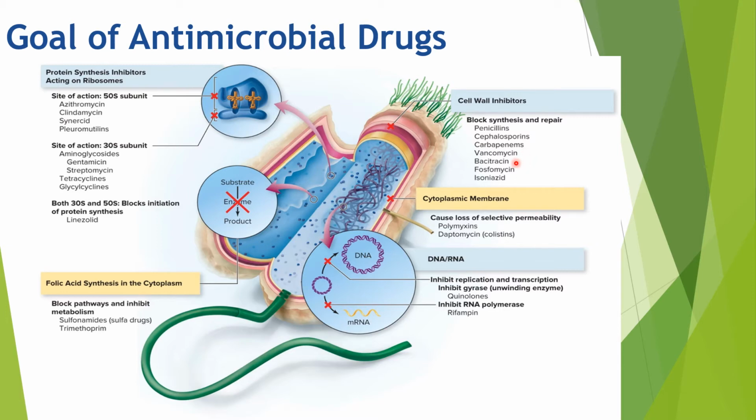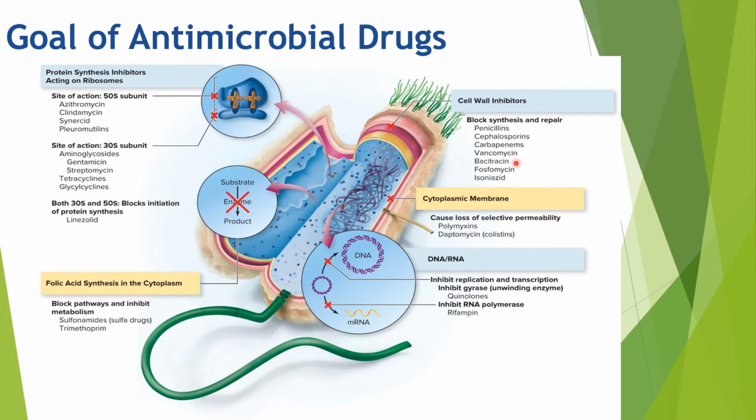Bacitracin is another one. Bacitracin is also a narrow spectrum antibiotic. Bacitracin is usually used to fight off skin infections, again caused by Staphylococcus bacteria or Streptococcus bacteria.